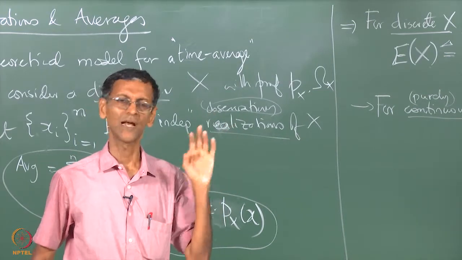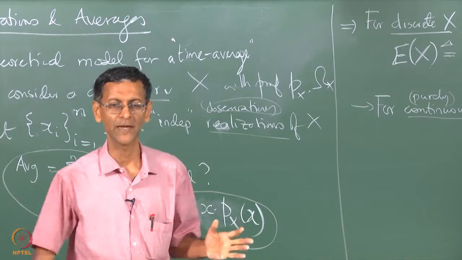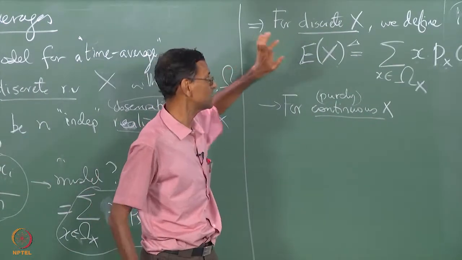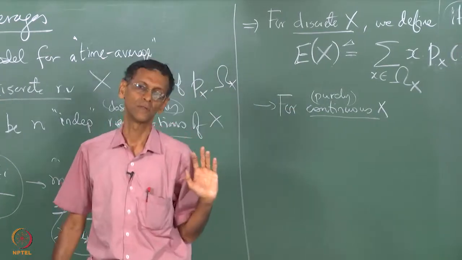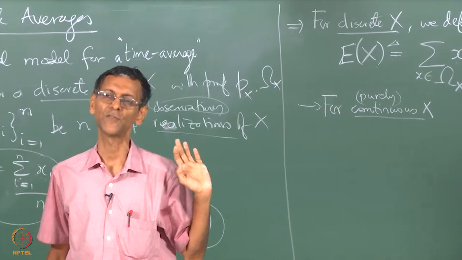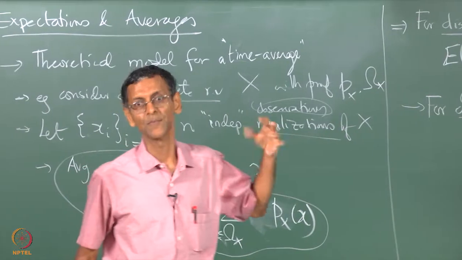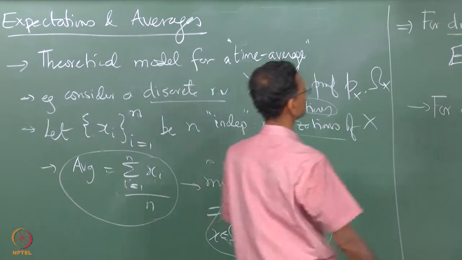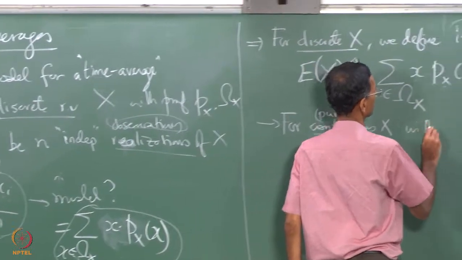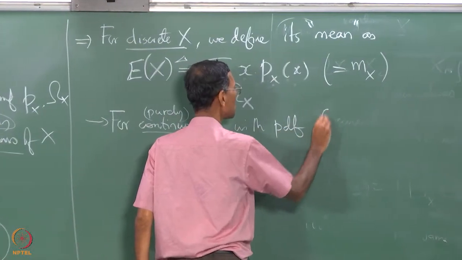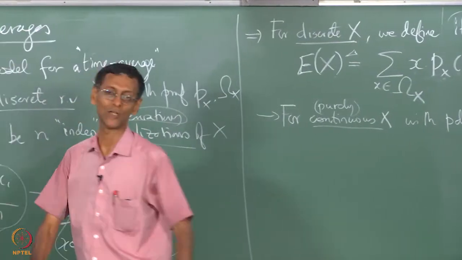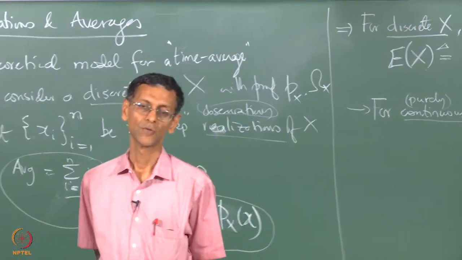I am going to say up front that we are only going to consider two classes of random variables in this class: either purely discrete or purely continuous. We just do not have the time to take off on other excursions on the so called mixed type. So for purely continuous X with PDF f_X, nobody is going to prevent you from doing this kind of calculation.